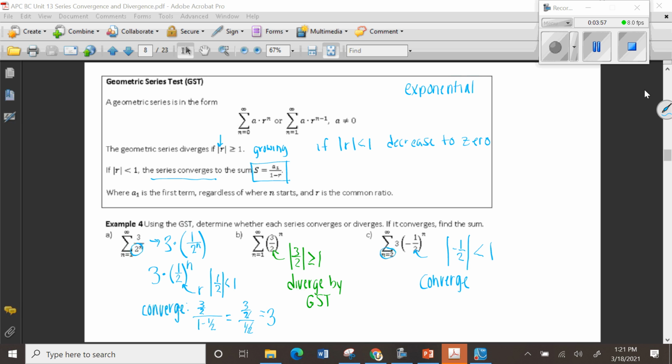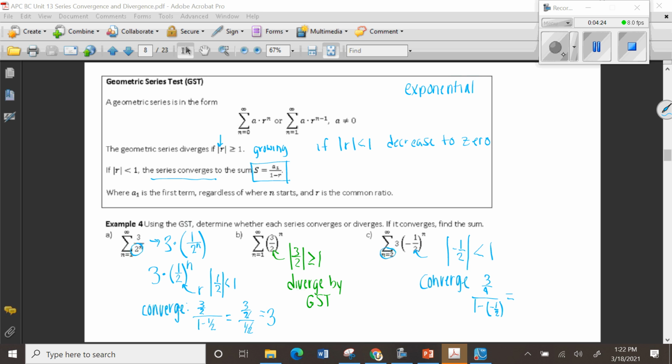And we need to figure out converge to what. So our first term in the sequence is going to be when I plug in 2. So I'm going to plug in 2, and I'm going to get 3/4 for my numerator. And my denominator is 1 minus that ratio. Well, that ratio happens to be negative 1/2.